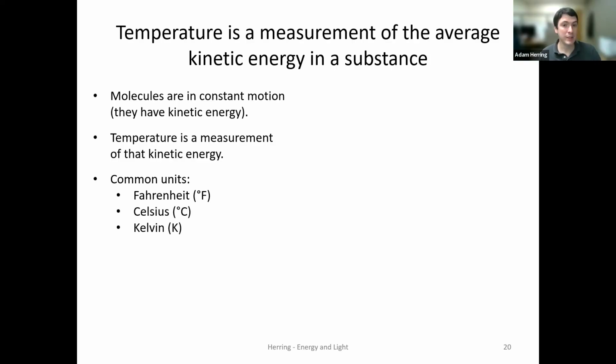Three common units exist that you will encounter in this course and probably throughout your life. Those are Fahrenheit, Celsius, and Kelvin. There are actually multiple other scales that measure temperature, but we won't be examining them in this course. Celsius is frequently used in the sciences.